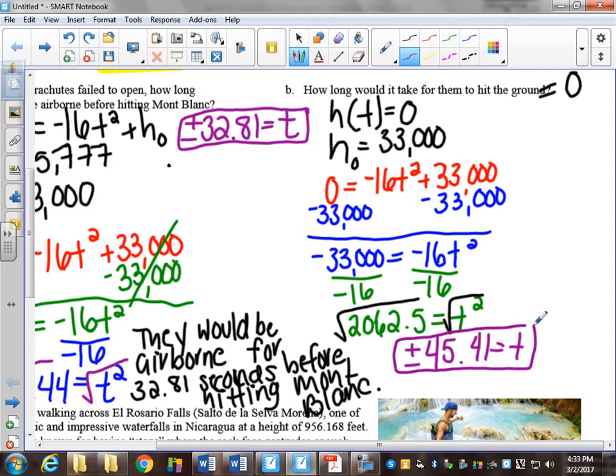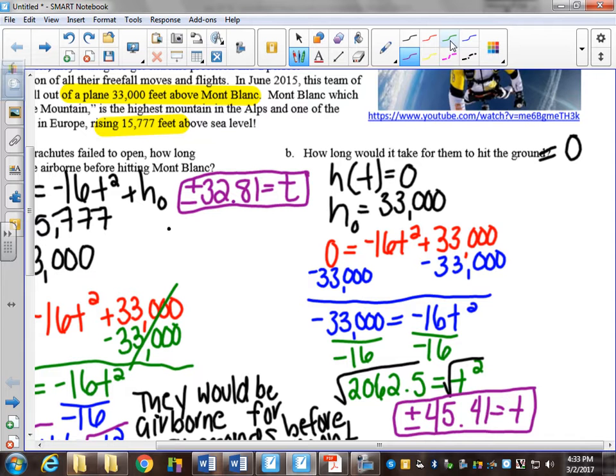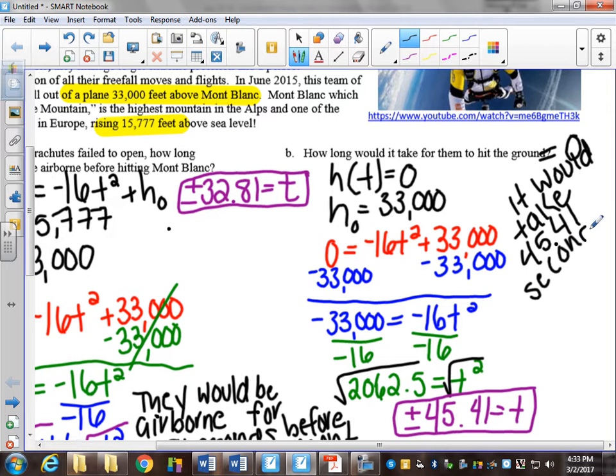And although that's our numerical final answer, we have to connect it back to the real world question. It would take 45.41 seconds for them to hit the ground.